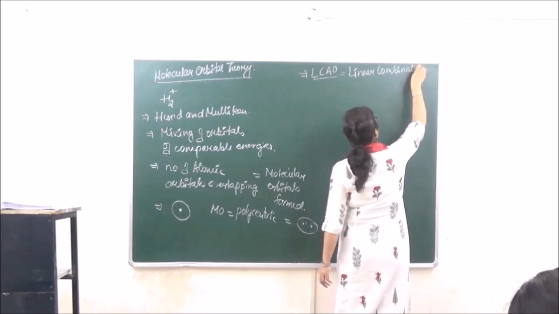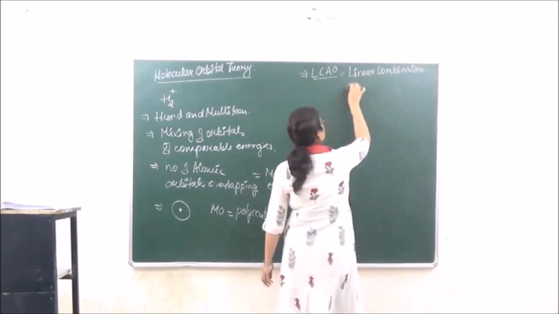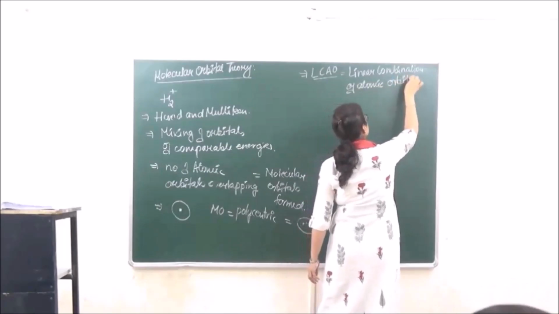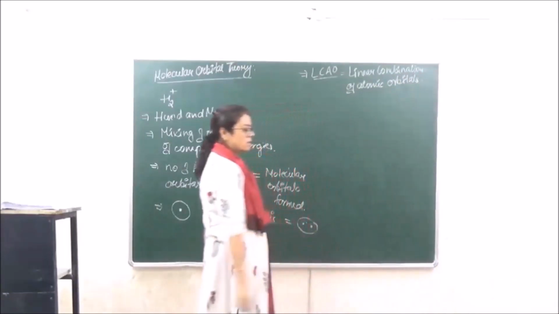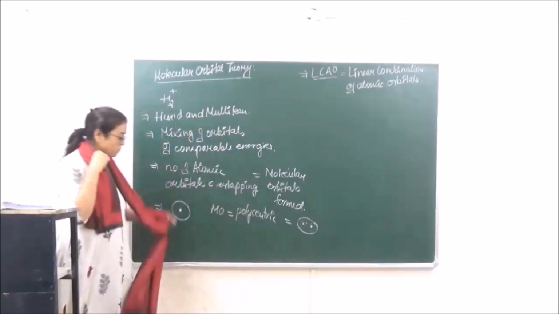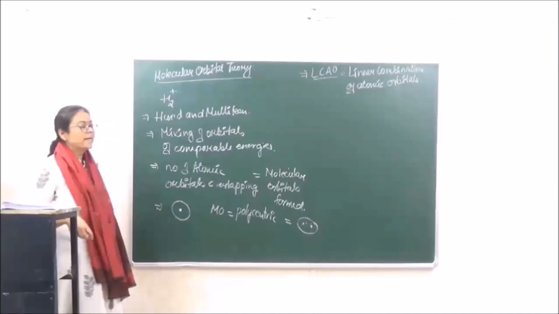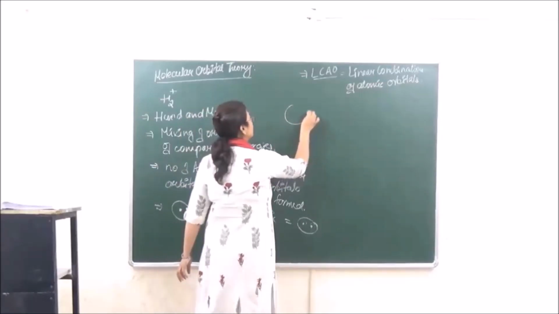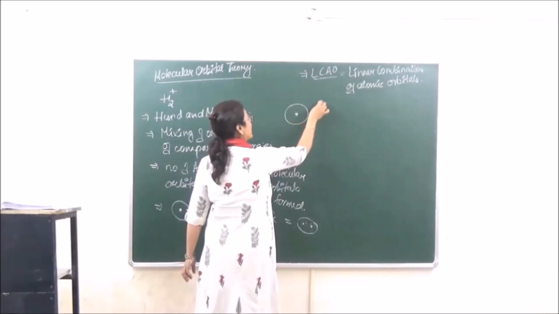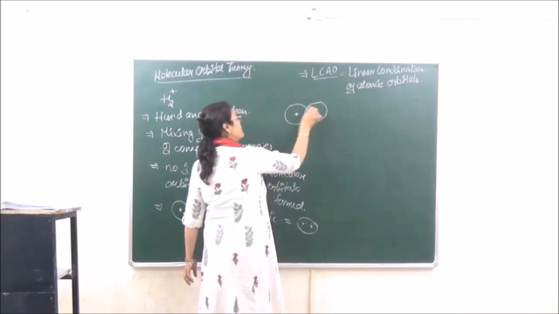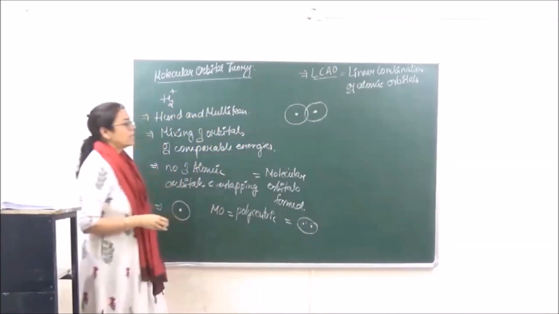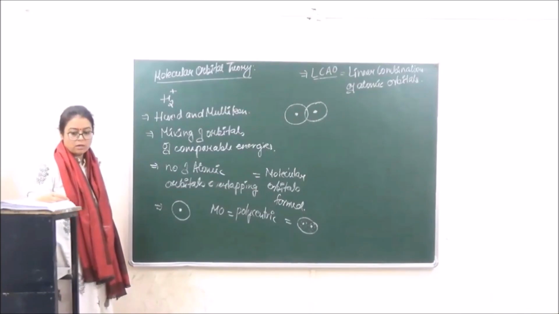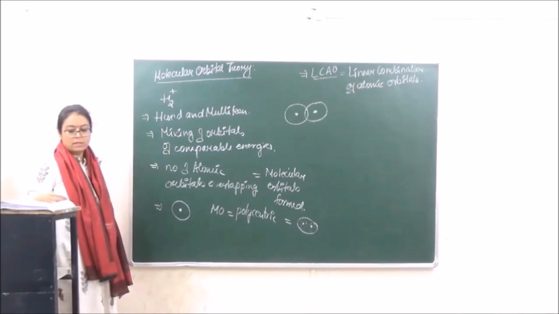Linear combination of atomic orbitals. ठीक है? Linear combination of atomic orbitals का मतलब हुआ कि if we have this as one s and this as another s orbital, this is how they are going to combine. This is linear combination of atomic orbitals.